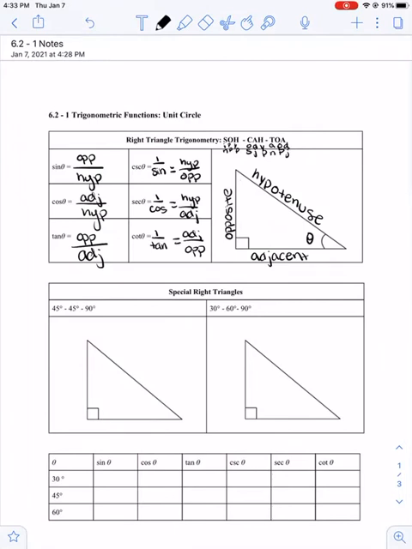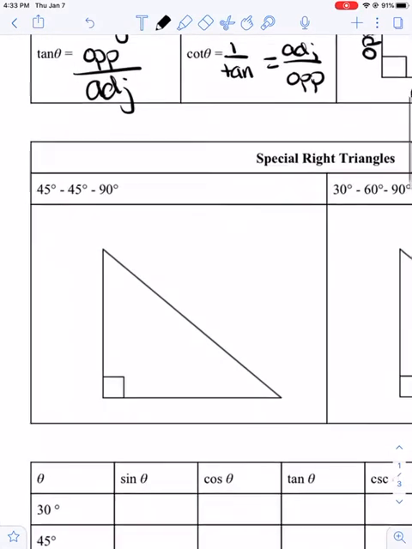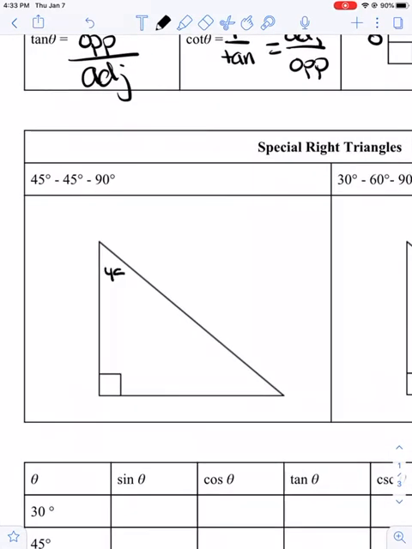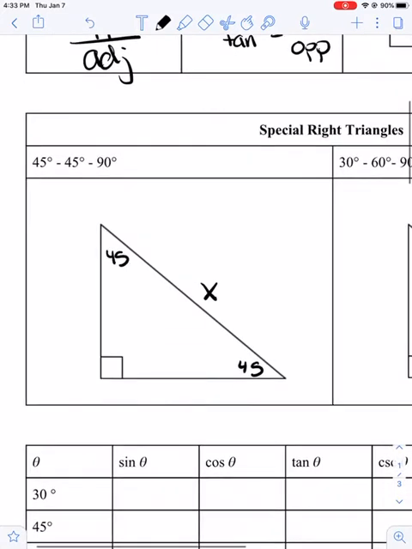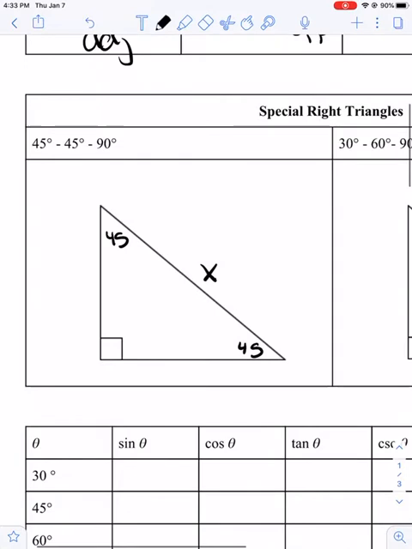Okay, next we're looking at the special right triangles. So back to geometry again. Let's look at a 45, 45, 90 triangle. We have to remember those rules: the hypotenuse is x, and then the sides are square root 2 over 2 times x, square root 2 over 2 times x.